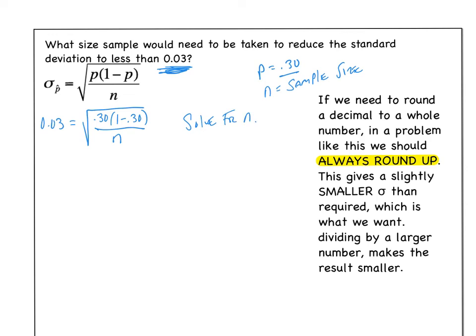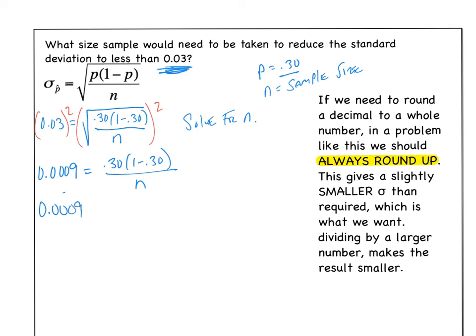Okay, so what we would need to do is square both sides to get rid of that square root. And when you square both sides, 0.03 squared would be 0.0009. So then the square root was taken off.